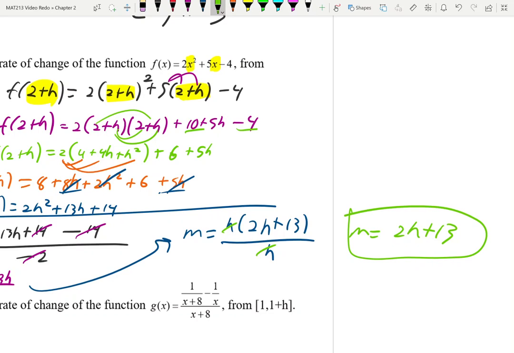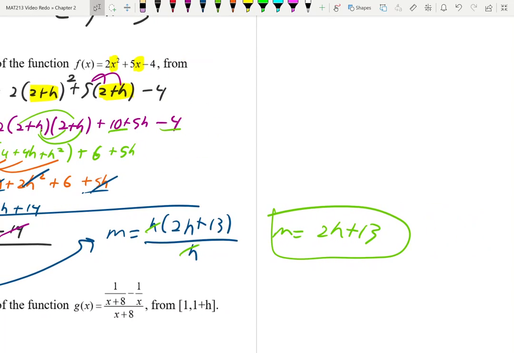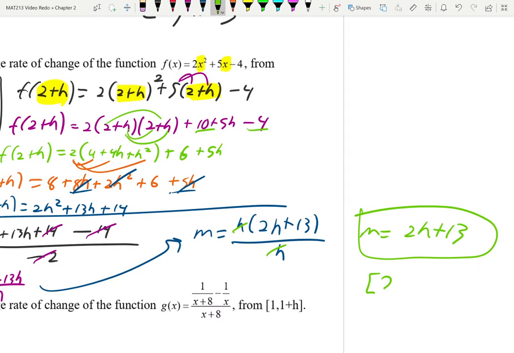So now when we want to sub in values to get the rates of change, the rate of change from here to here, from 2 to something, so the rate of change from 2 to 2.5, if I want that slope, I don't have to do any work anymore. All I have to do is say, what is my h? What is the change? Well, h was 0.5.